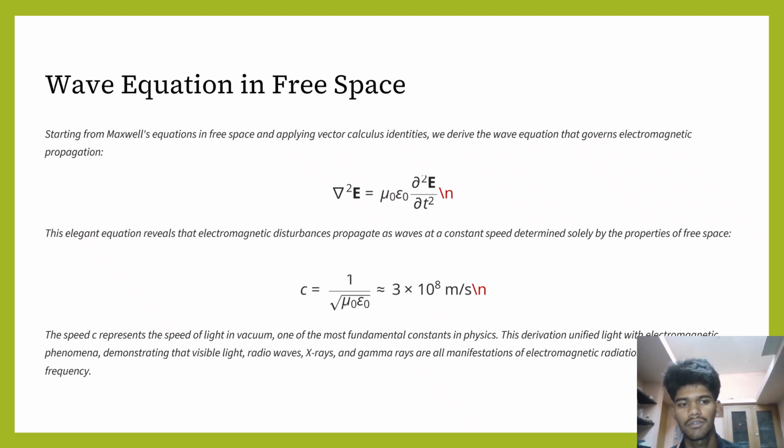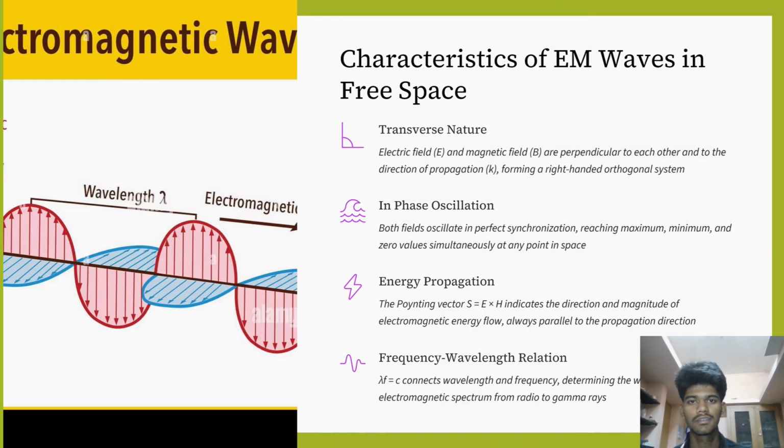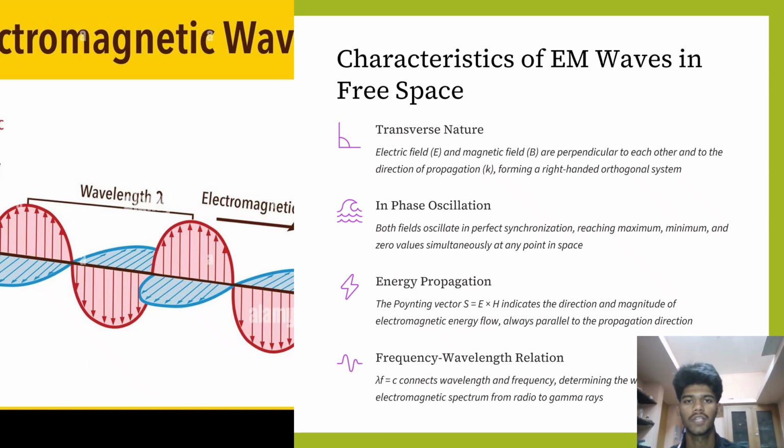In this slide, I am going to explain about the characteristics of EM waves in free space. First, transverse nature: the electric field and magnetic field are perpendicular to each other and to the direction of propagation, forming a right-handed orthogonal system. Second is in-phase oscillation.